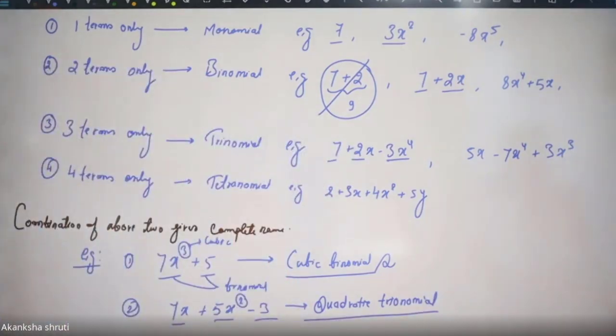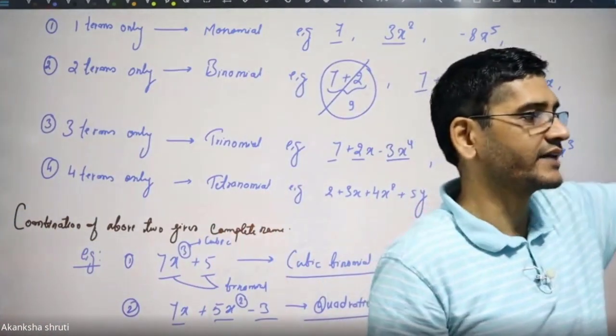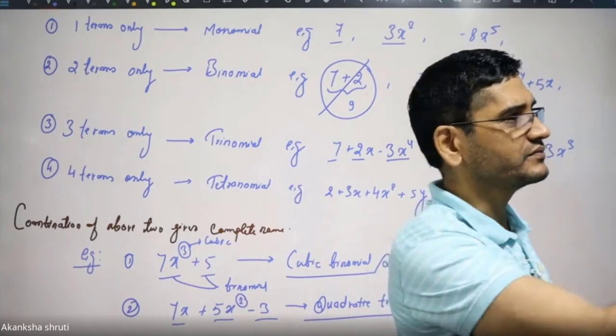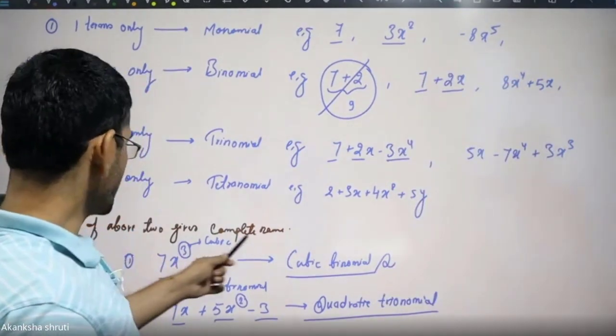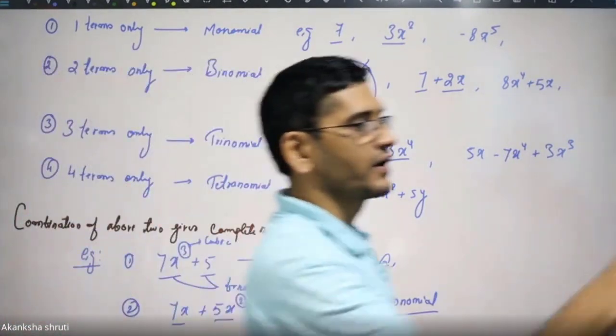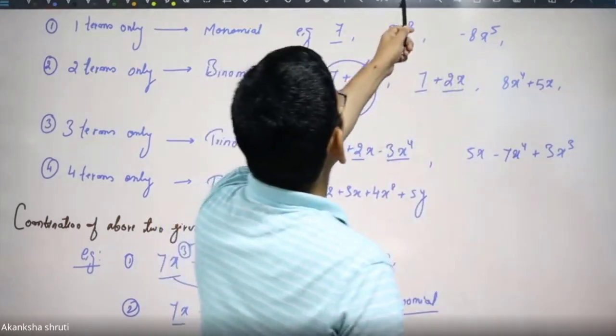So this was all about the types of polynomials. Along with this nomenclature, I had explained everything. Now let us go for various terms associated with quadratic or cubic or linear polynomials. For all kinds of polynomials, we are using certain common features for analyzing them. What are they?